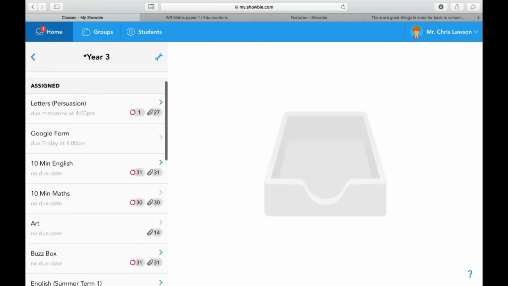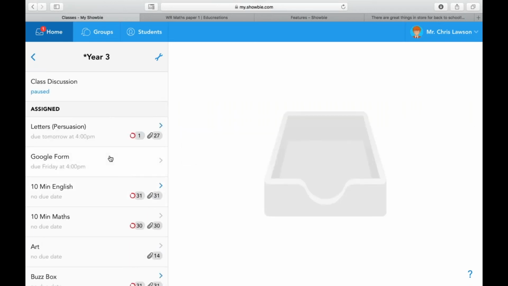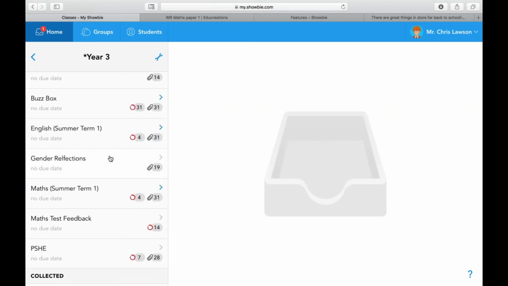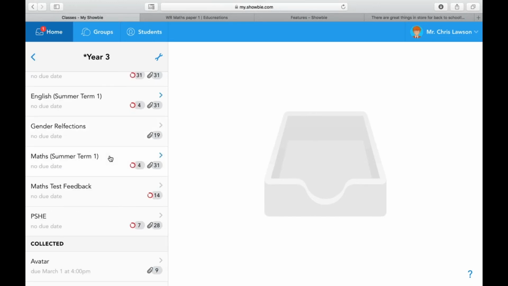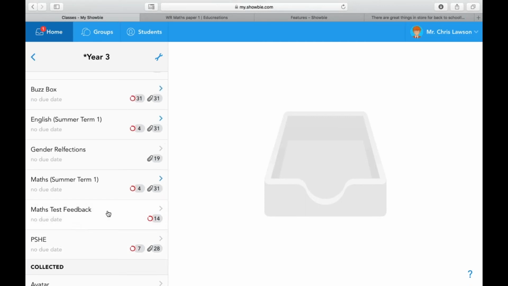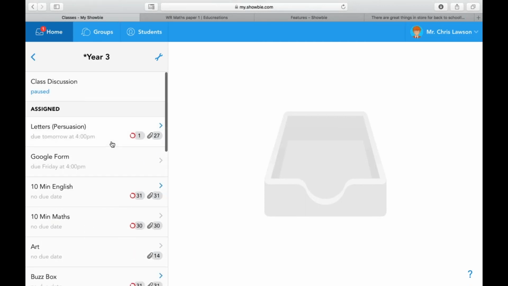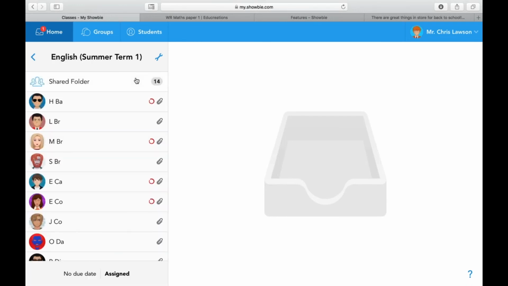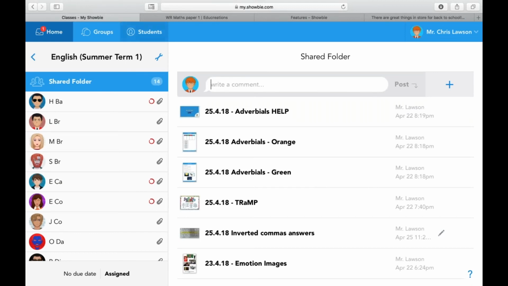So I like to do it where it's all in one, and that's maybe because I'm working with Year Threes, and sometimes just getting them to the right place and then getting them working, especially at the start, was quite difficult. Now it's just like picking up a pencil to them. We know exactly where they go in, we know exactly what box to put it in. But for them, I found it very easy to go to Year Three and go to English Summer Term 1, and your work will be waiting for you there, dated.